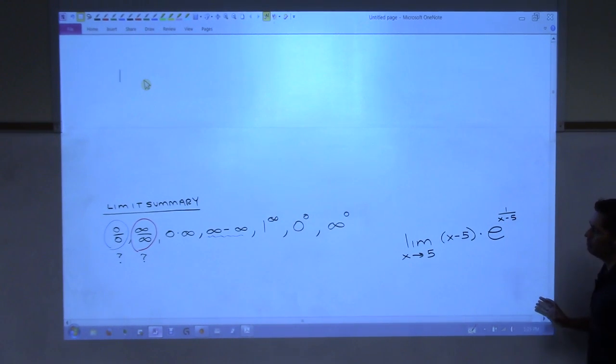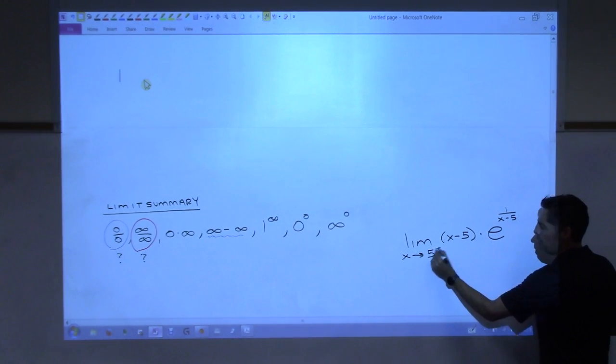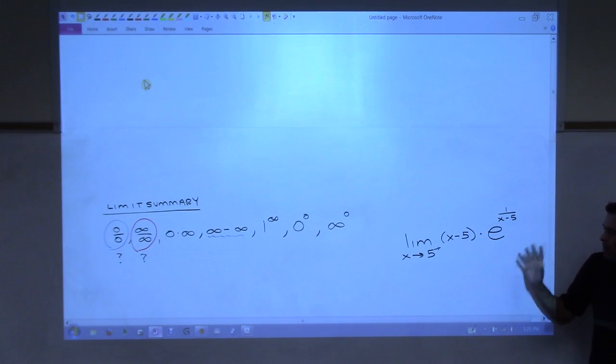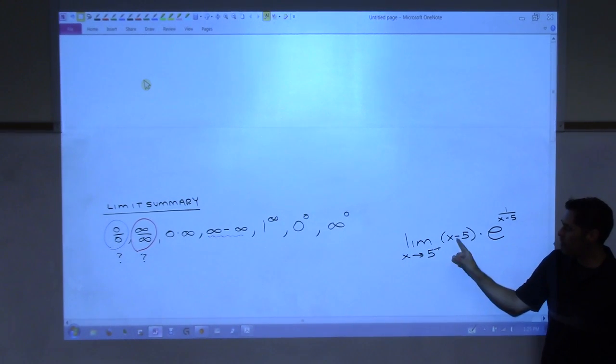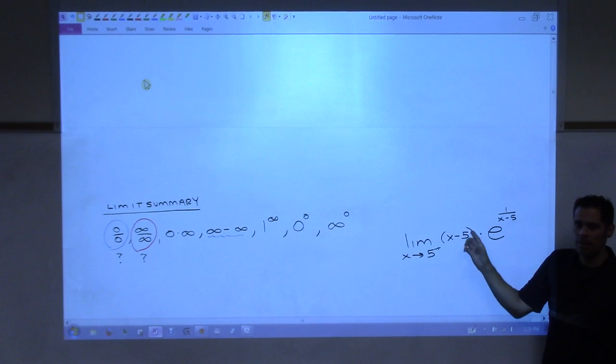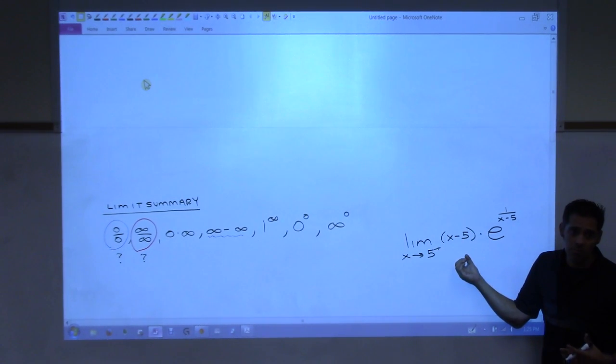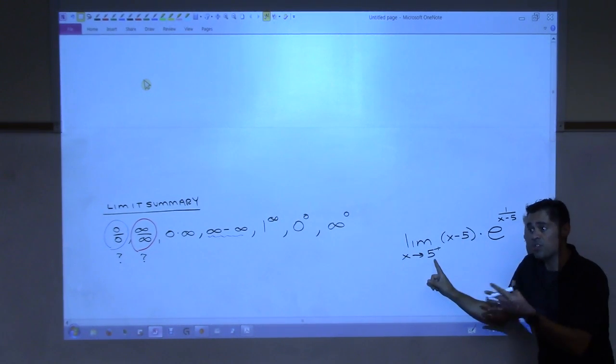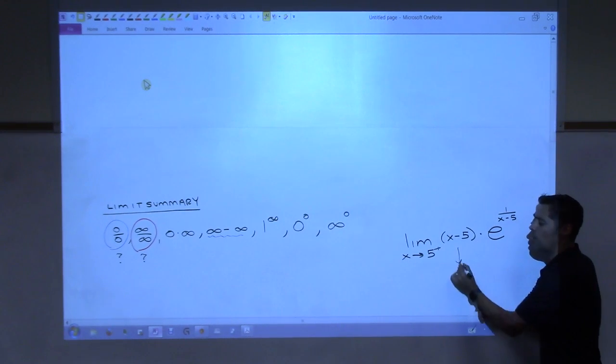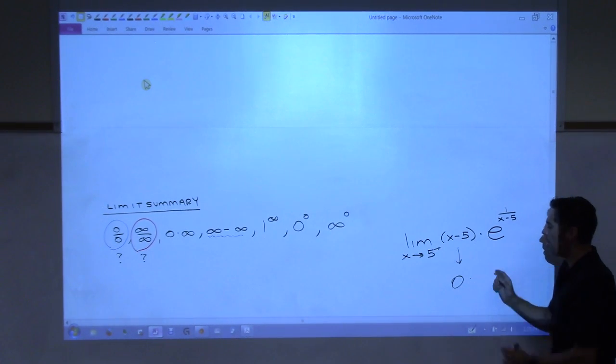And I have to approach from the right, sorry. As x goes to 5, this goes to what? It's going to 0. Is it 0? No, not if I'm approaching, right? This is getting closer and closer to 0.